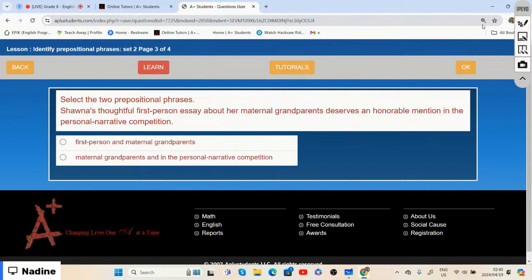Shona's thoughtful first person essay about her maternal grandparents deserves an honorable mention in the personal narrative competition. We need to select the two prepositional phrases within this sentence. Is it first person and maternal grandparents, or maternal grandparents and in the personal narrative competition?